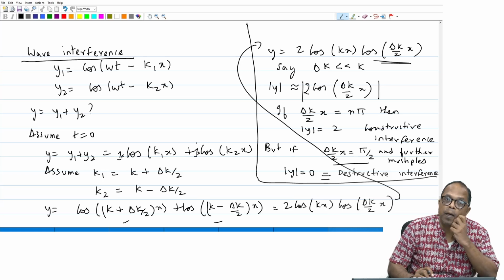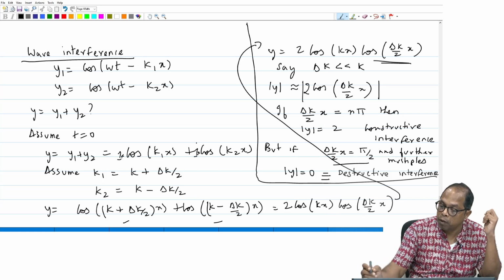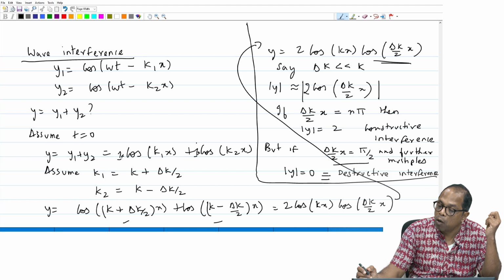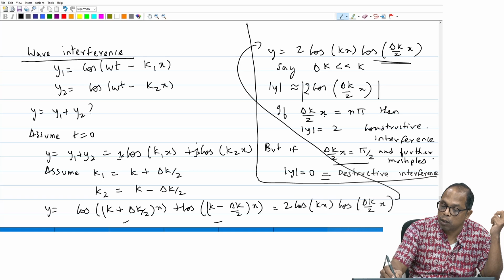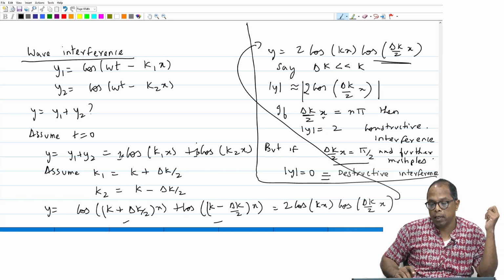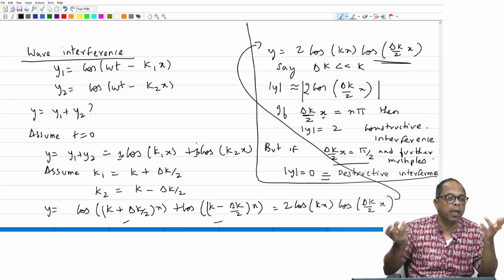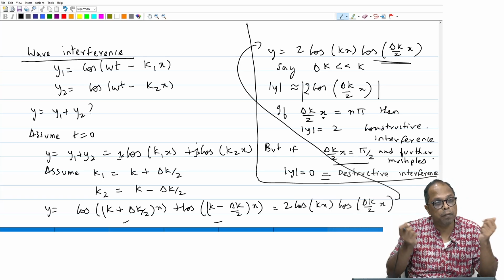And how often the constructive and destructive interference effects happen across x will depend on the phase difference delta k. Now you could do the same thing for interference in time.